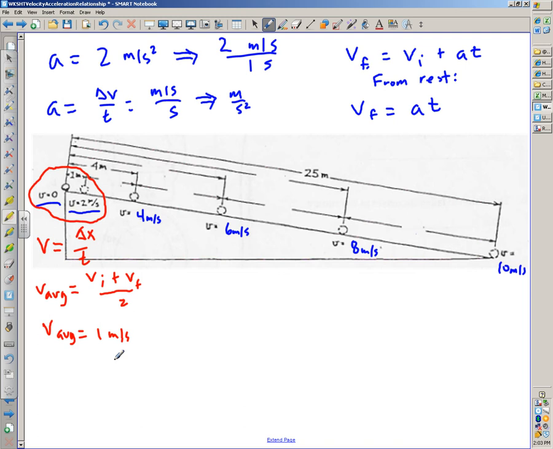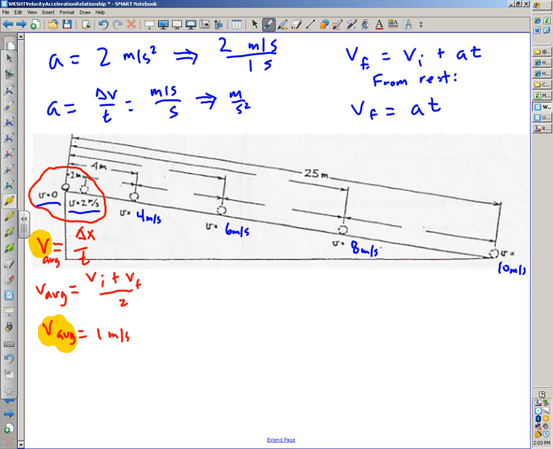Okay. Now, here's where it all comes back together. This is actually average velocity. This is average velocity as well. Same thing, calculated 2 separate ways.